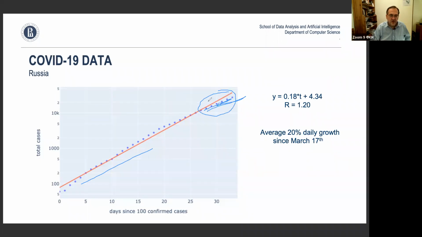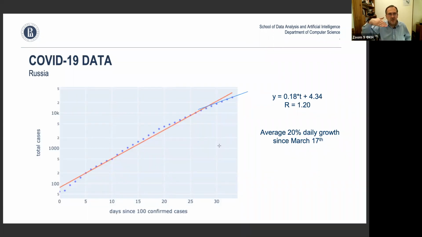So if you try to match, and you can also do it yourself easily, you can say, okay, look, I will draw a line, say, right here, through the last few days.